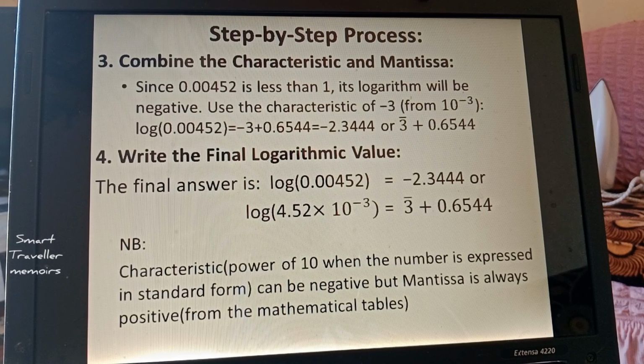But normally, we write it as bar 3 plus 0.6544. So the final logarithmic value is bar 3 plus 0.6544, or you give the whole of it as negative 2.3444.